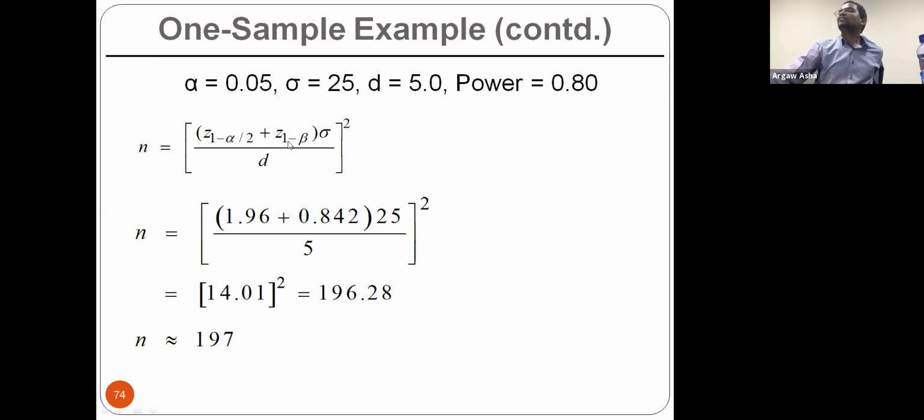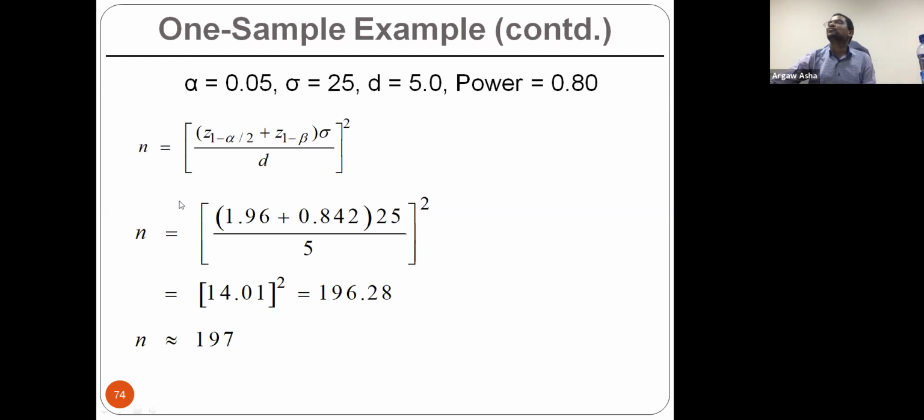When Z1 minus beta, beta from power 0.8, you get 0.842 from the table. If you multiply by sigma 25 squared over D5, you get 197 samples to test.